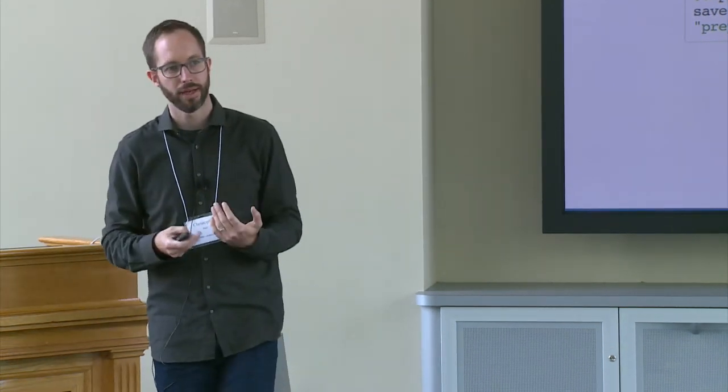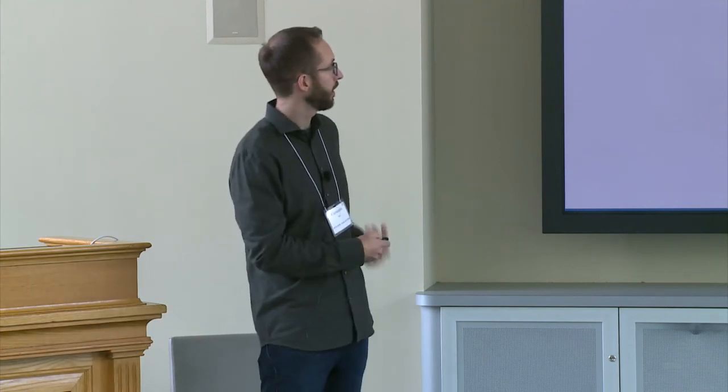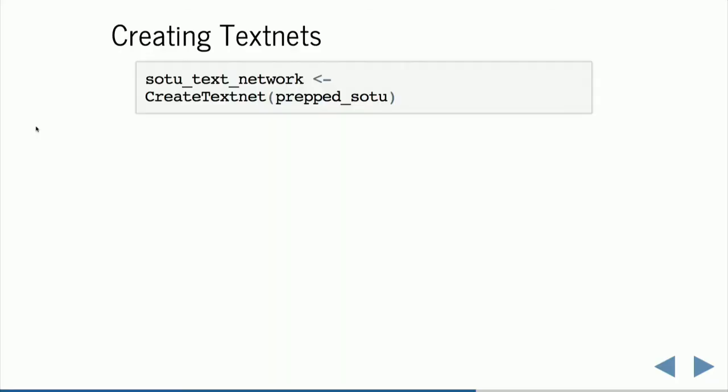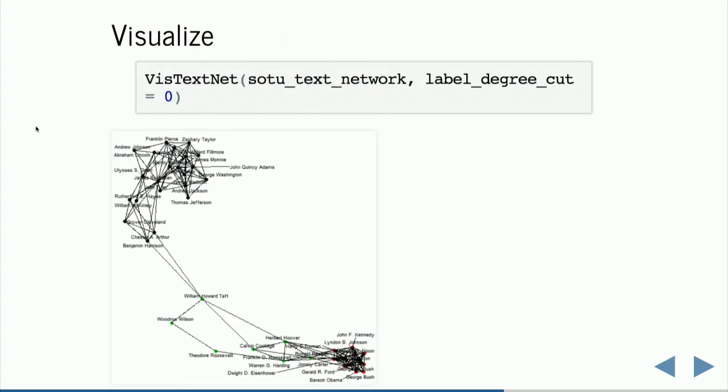We pass that to the next function called createTextNet, which is going to take that tidy text object and transform it into a network object called an igraph in R. There's also an igraph module in Python if you're familiar with network analysis in Python. Once we have an igraph object here called so2textNetwork, we gave it a new name at this stage, then we can visualize the text.